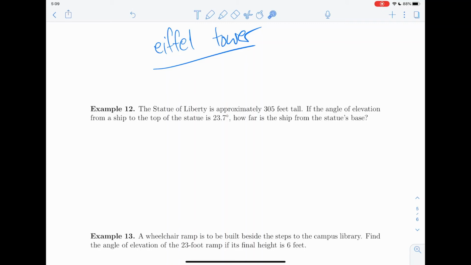We want to know how far the ship is from the statue's base. We've done a lot of problems that are similar to setting that up. Maybe we'll draw a quick picture just to make it clear. Well, no, I'll let you all try that at home, and if you have questions, I urge you to send me an email and let me know.